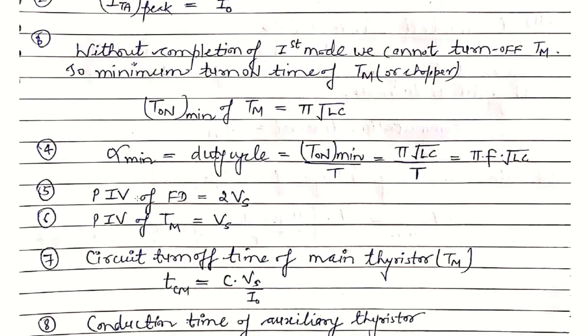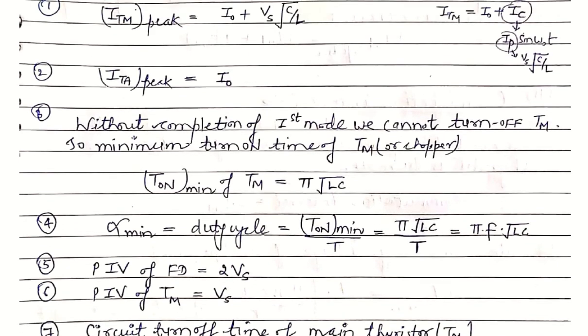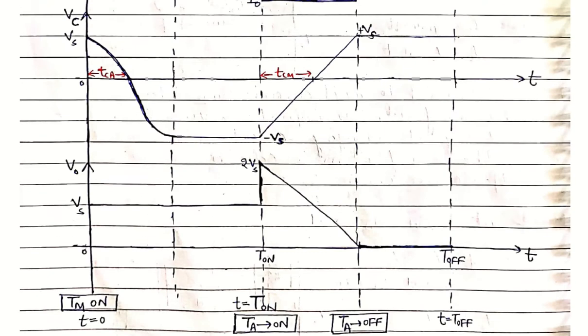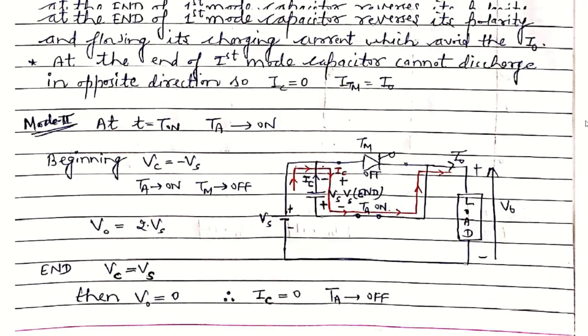And the fifth point: what is the peak inverse voltage of the freewheeling diode? Peak inverse voltage means the peak amount of voltage which will be applied across this freewheeling diode to keep it in the off condition, or in reverse bias. See the freewheeling diode.